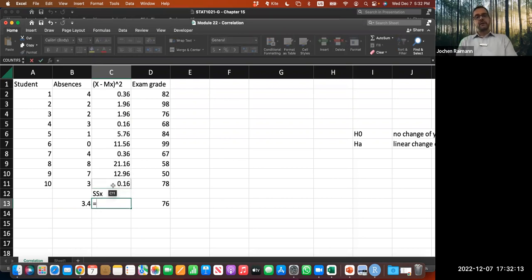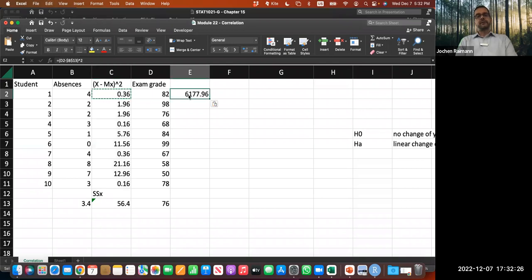So this is now the sum of these. Now we can just copy this over there and change this to D13. So this is D13 now. That gives us our sum of squares Y.